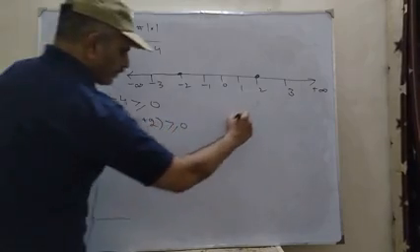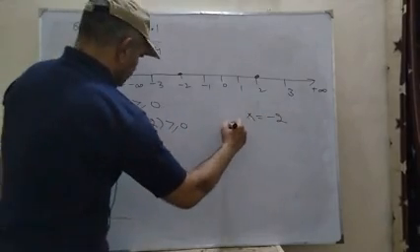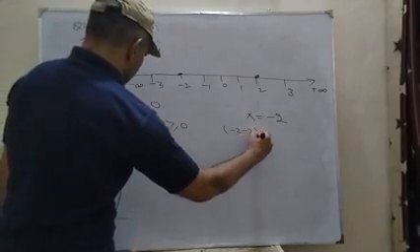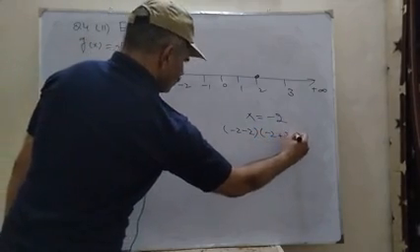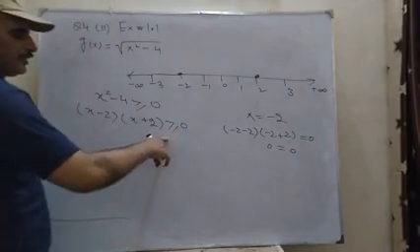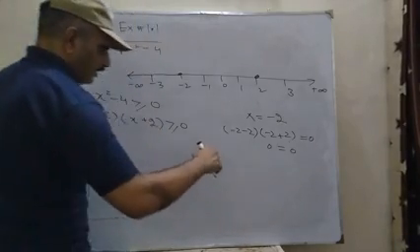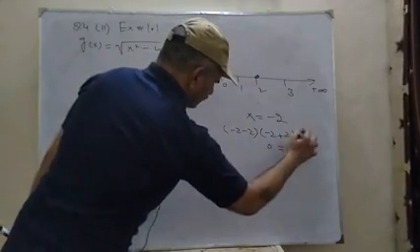Like if I choose x equal to minus 2, what will be the result? Minus 2 minus 2, minus 2 plus 2. The result is 0, which is acceptable as the condition is greater than or equal to.